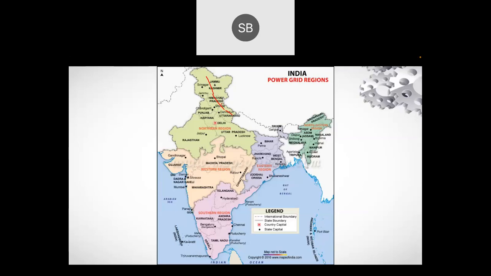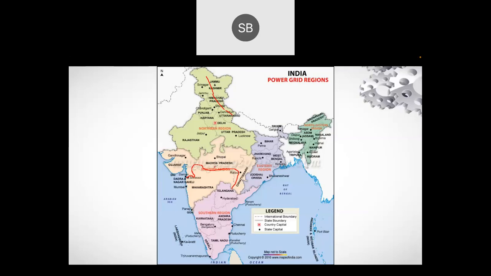Now, to transfer this power from the hydroelectric power plant to the consumer requires the electricity grid. Now, these are the regions as we already discussed: the northern region, western region, etc. Now this region is again divided into state-wise electric grids.